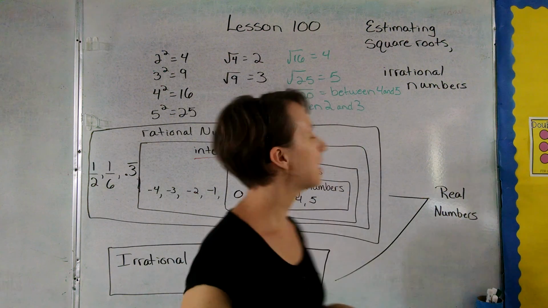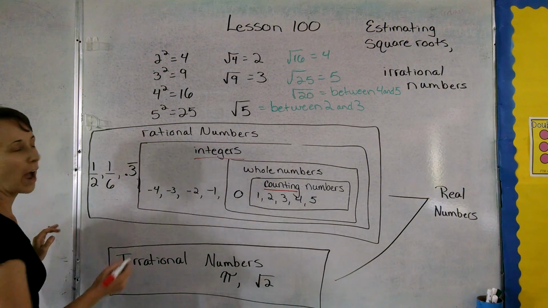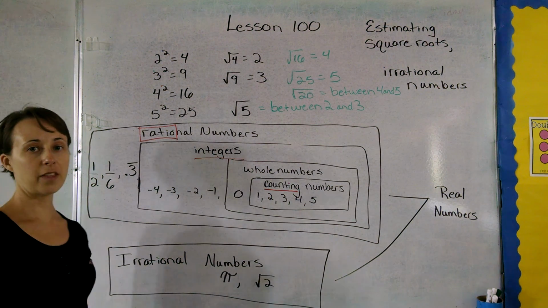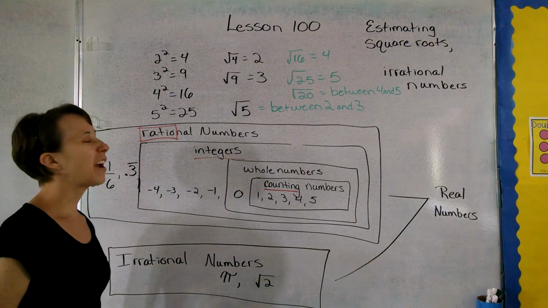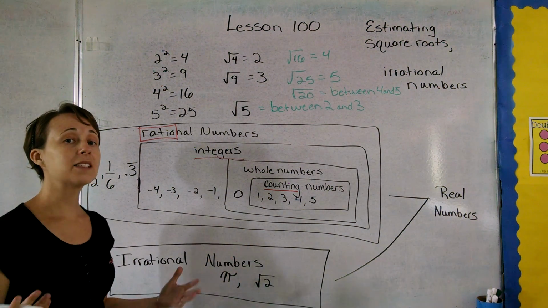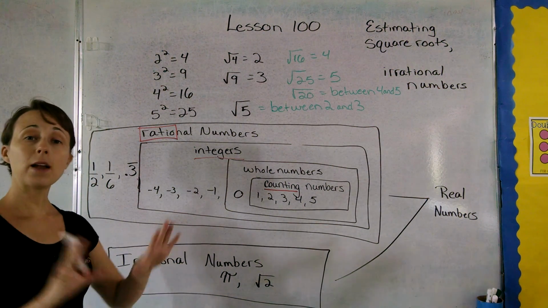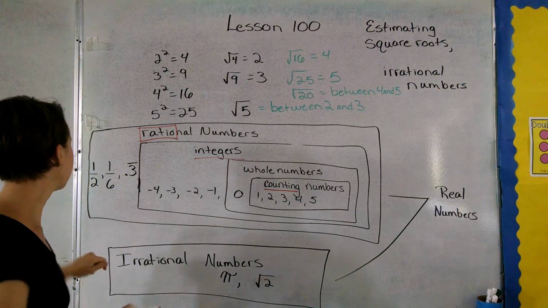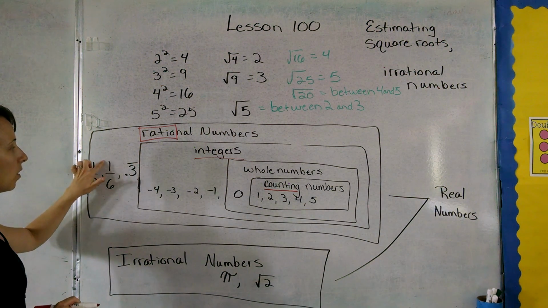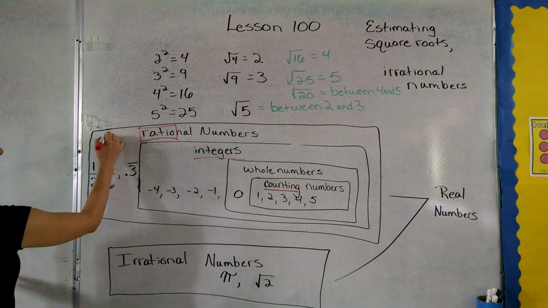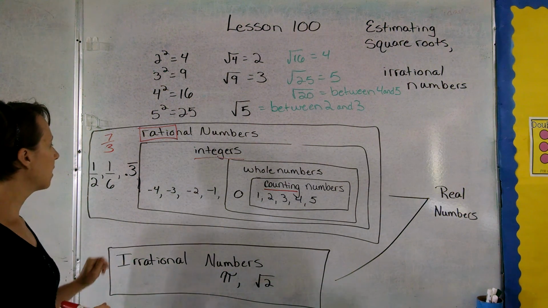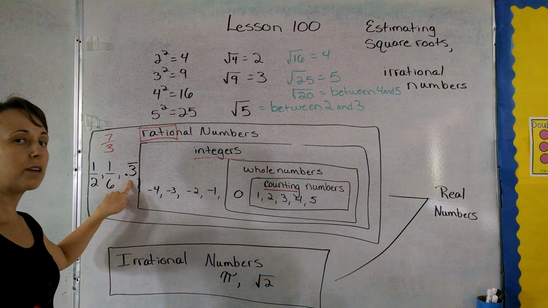The trick to remembering this is to look at the word. Rational numbers can be in ratio to each other. Rational numbers are any number that you can write as a fraction. Doesn't matter what the fraction looks like. As long as it can be a fraction, any kind of fraction, it works. So 1/2, 1/6, 7/3. As long as it's a fraction, it works. Repeating decimals would go here too.